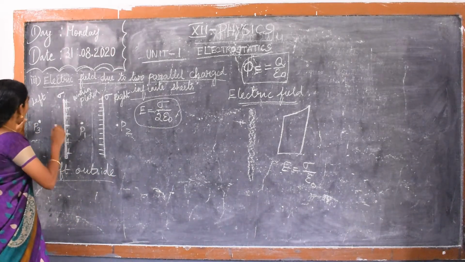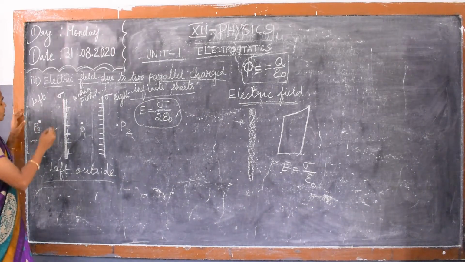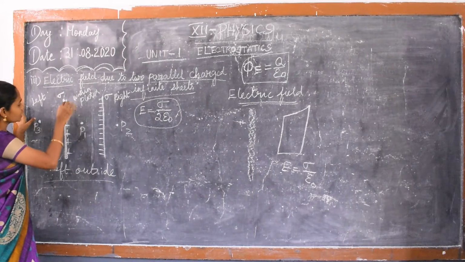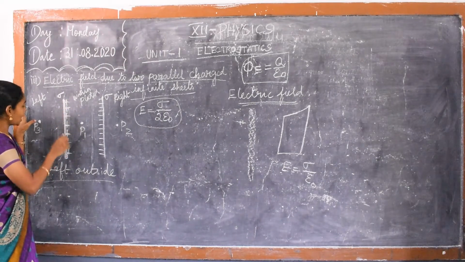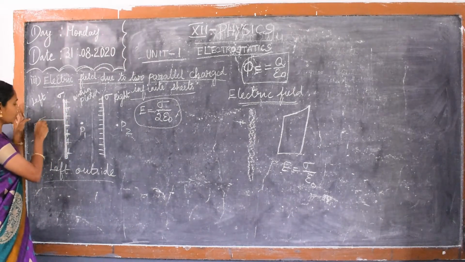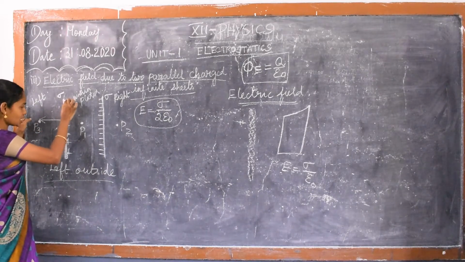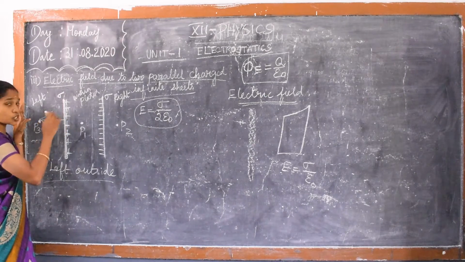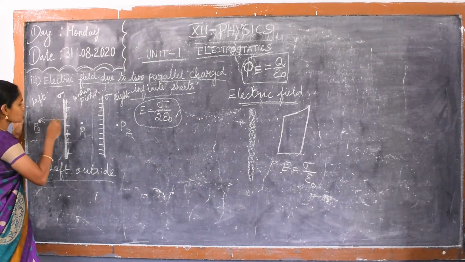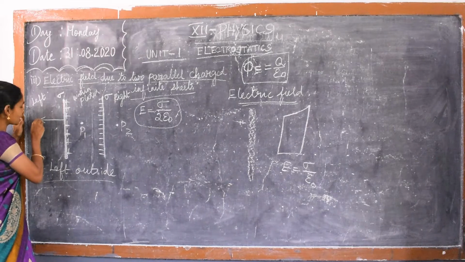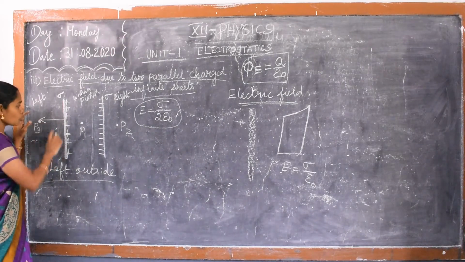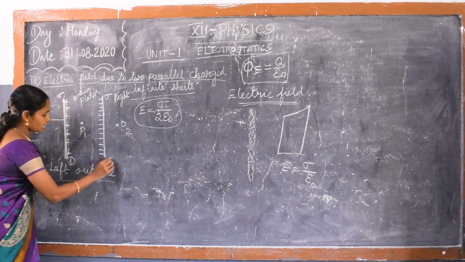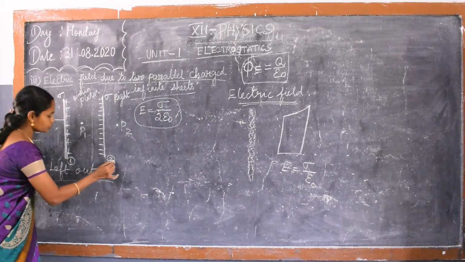Now at this point P3 we will calculate the electric field. This positive charge will make an electric field at point P3. We know that for positive charges the electric field lines go away from the charge. So this is the direction of the electric field due to the first plane sheet; this is our first plane sheet and this is our second plane sheet.